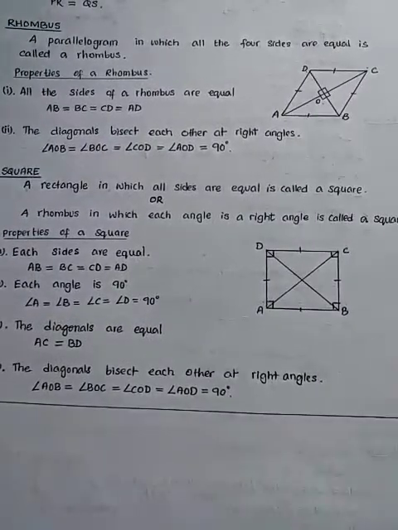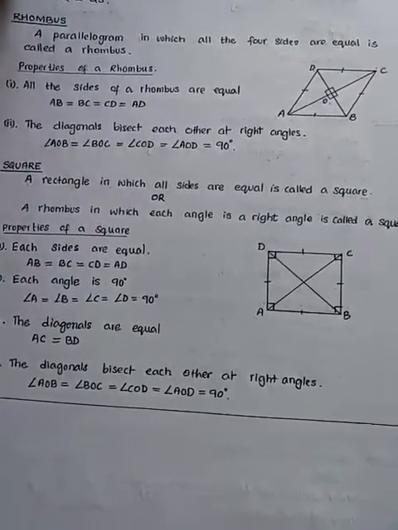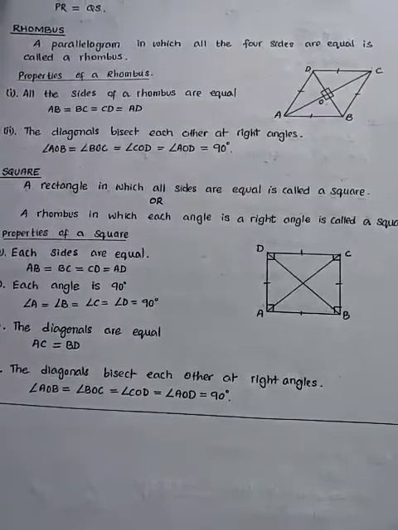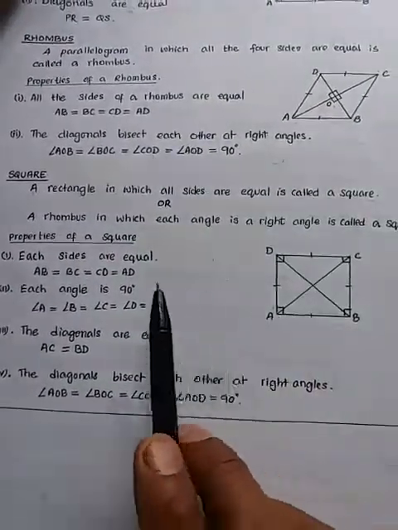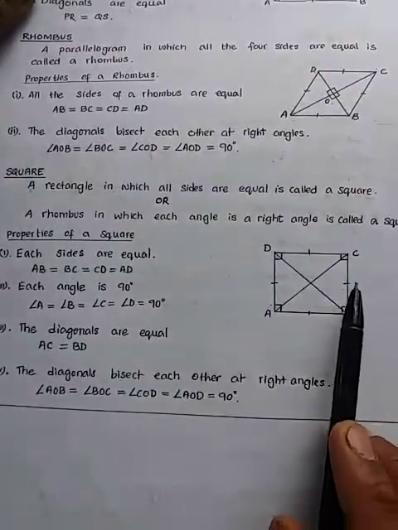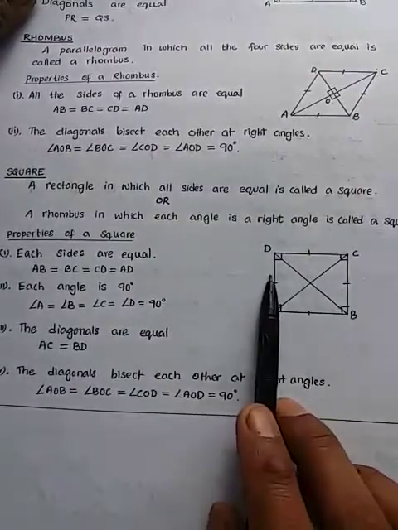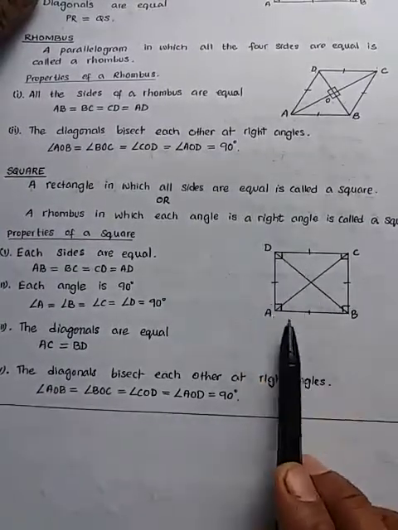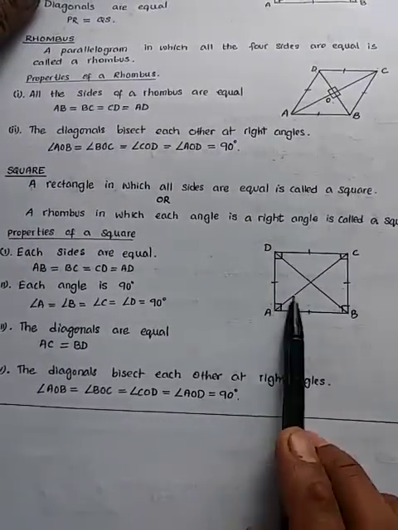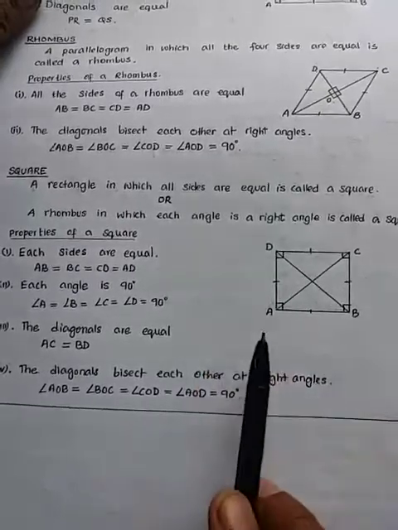If in the exam a question comes, what is a square? Write its properties. So here, the properties of a square are: all the sides are equal, so AB equals BC equals CD equals AD. And then the diagonals are equal, AC equals BD.